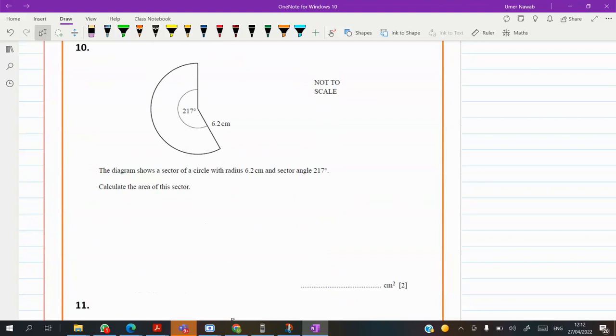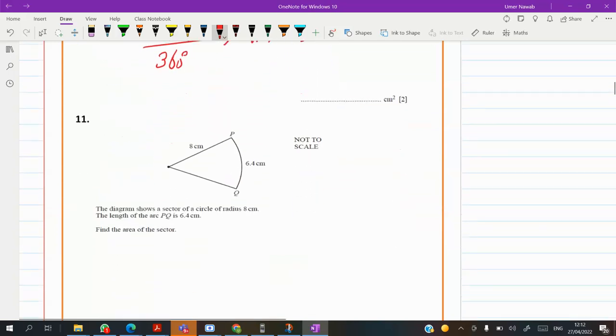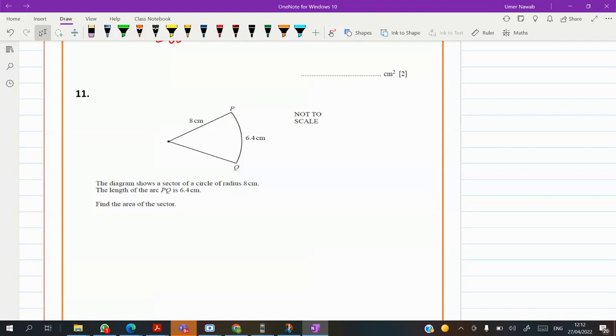5.53, three significant figures. We have written our answer. Now this is area of a sector. Central angle is already given, 217 divided by 360 times pi. The radius is 6.2 squared. You can get the answer. Area of a sector. Arc length is given. Radius is given.